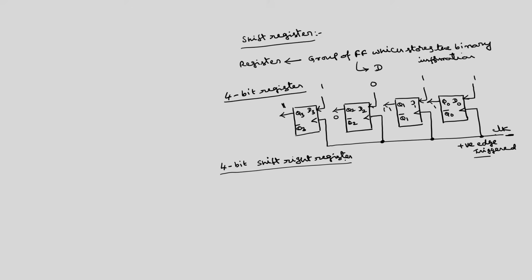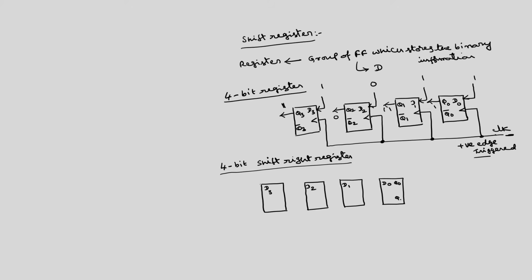If you want to shift the data to the right, the circuit diagram is the same, we have to use 4 D flip flops, but the connections are different. This is D3, D2, D1, D0.